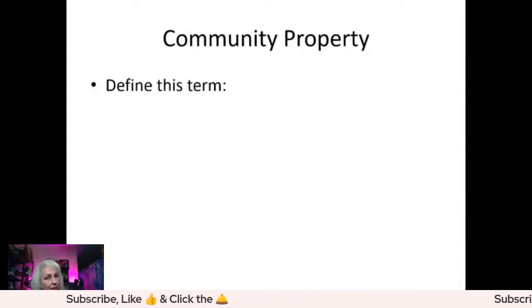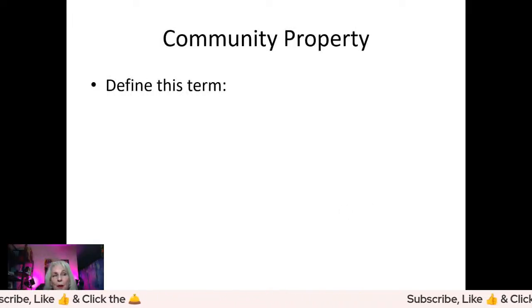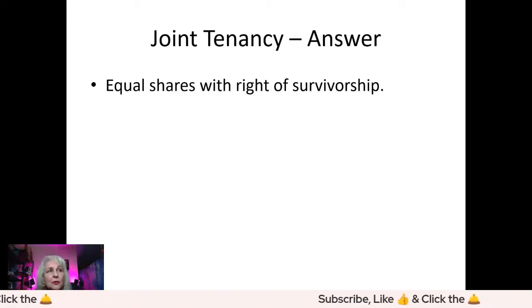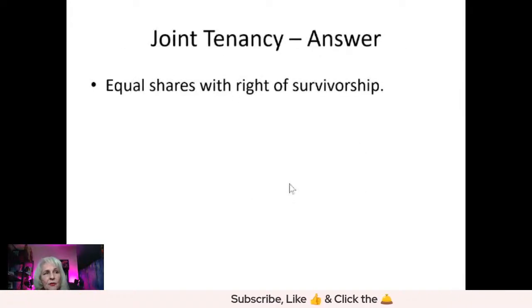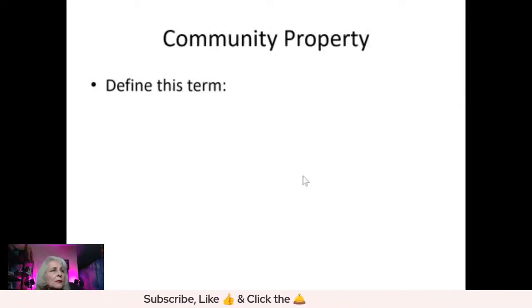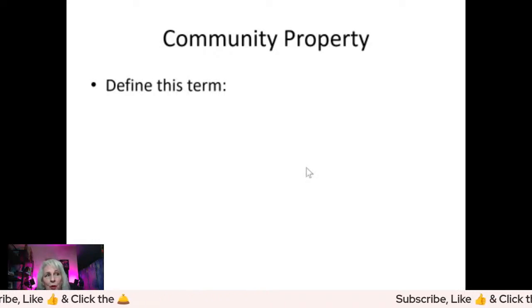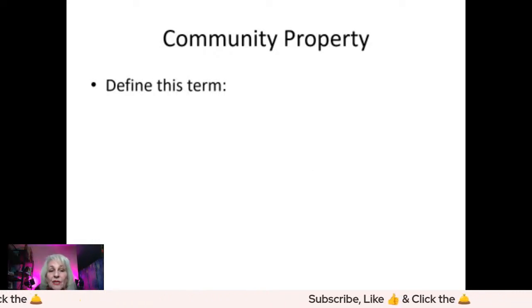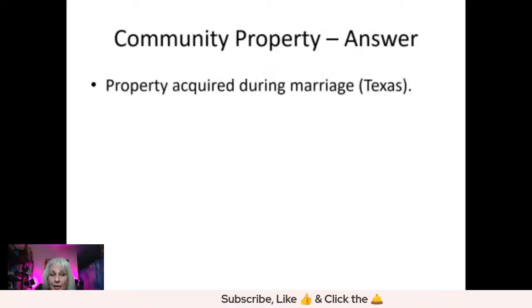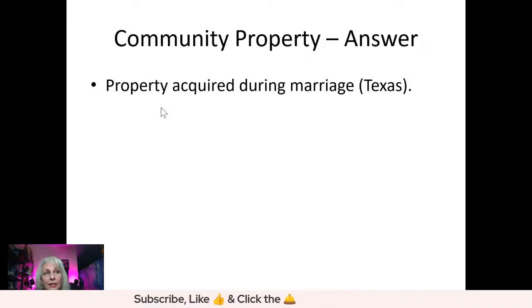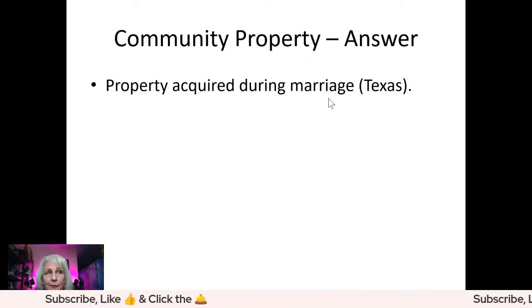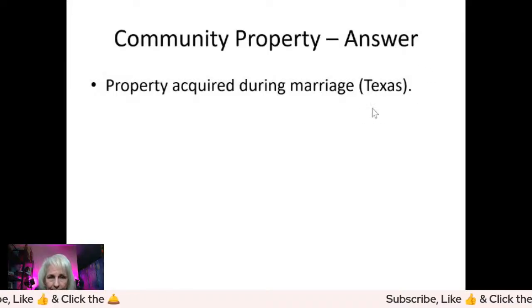Community property. Community property is similar to joint tenancy. No, I'm sorry, tenancy by the entirety. In Texas, we have community property. In other states, we have tenancy by the entirety. It is property acquired during marriage in Texas.